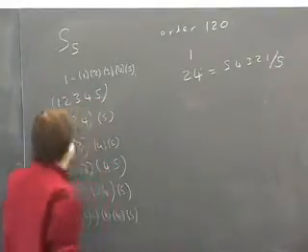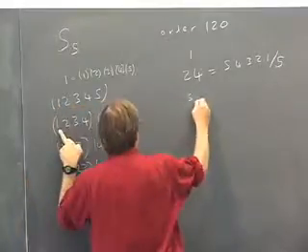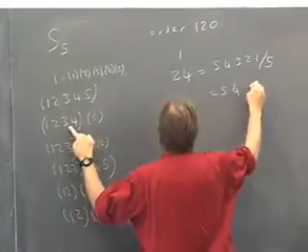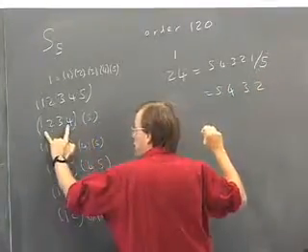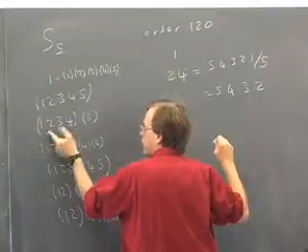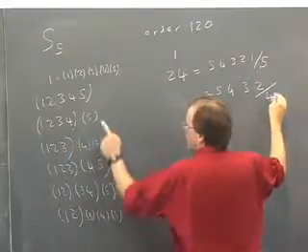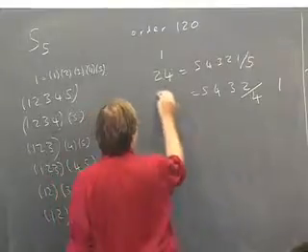The way I would say it is we want to write it like this. I can choose this in 5 ways, this in 4 ways, this in 3 ways, this in 2 ways. That gives me this 4 cycle, but there are 4 different ways of writing this 4 cycle, so I have to divide by 4, and then there's just a 1 here, which is again 30.